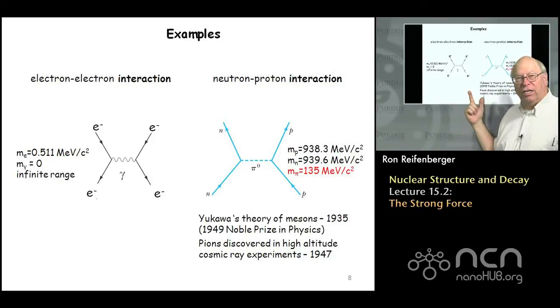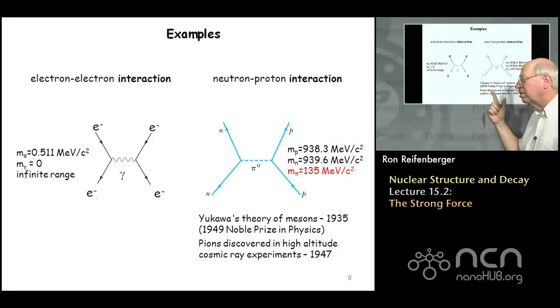A more interesting example is given by considering the exchange of a virtual particle when a neutron and a proton interact with one another. So here we've got a neutron approaching a proton. When they get close enough to one another, they exchange something called a pi meson. The mass of this pi meson is about 1/7 the mass of the neutron and the proton.